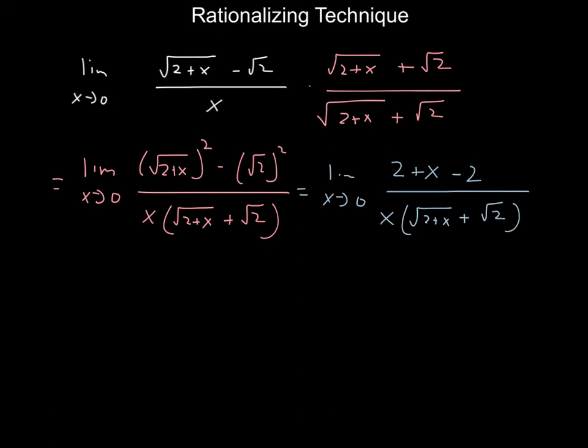Now, if I simplify that, combining the like terms, that 2 minus 2 is going to drop off, so that's going to become the limit as x approaches 0 of x over x times the square root of 2 plus x plus the square root of 2.